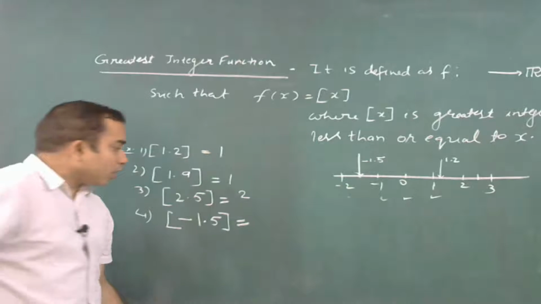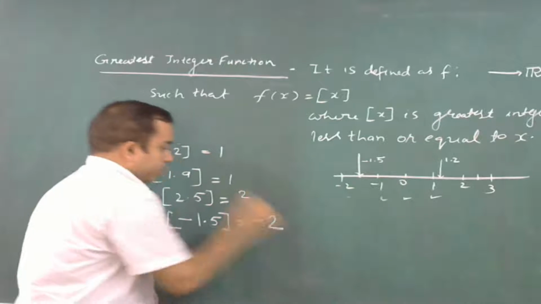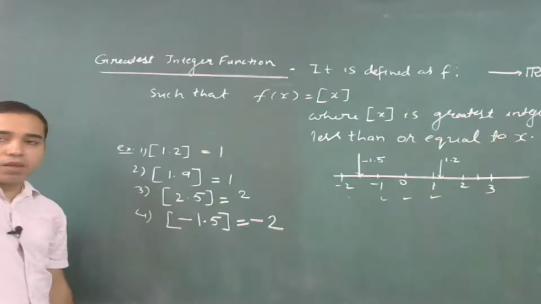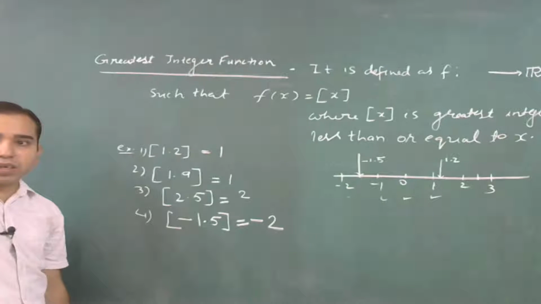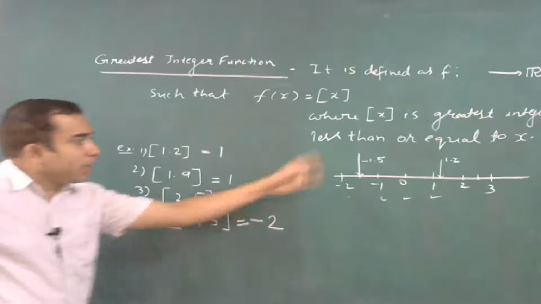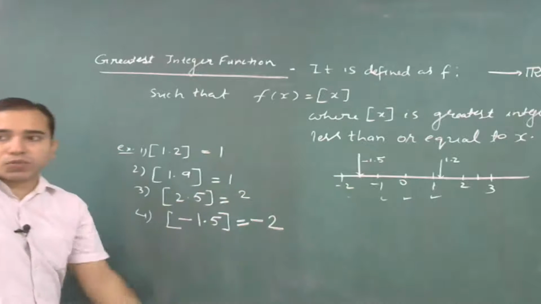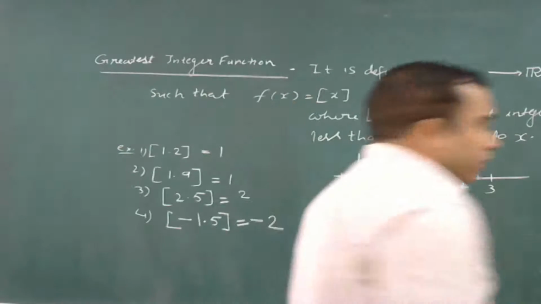That integer is minus 2. Many people are saying minus 2, right? So the integer which is closest to minus 1.5 from the left side is minus 2. This is a little difference. This is the meaning of the greatest integer.